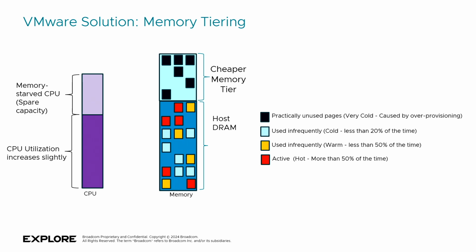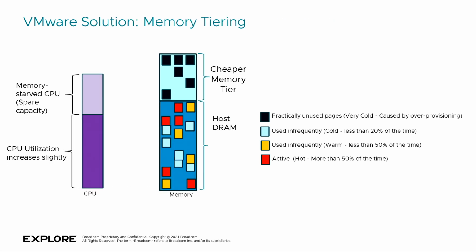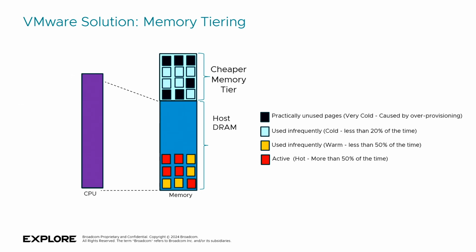We want to ensure that performance is not impacted at all for the applications. So what ends up happening is we get really efficient memory tiering, which can help move pages back and forth between the hot and cold tier.